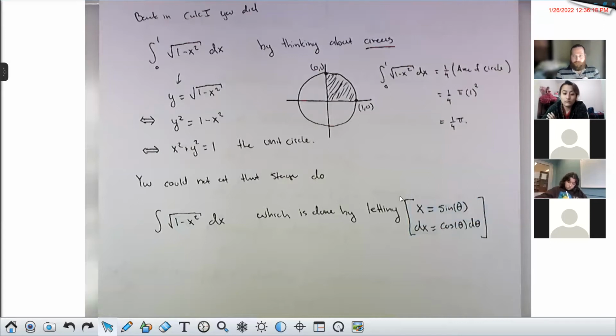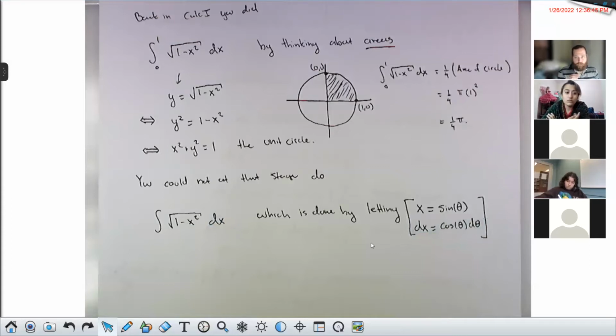This makes life easier. This is a good thing, because now instead of having to look around for something that you can pair with the dx or cancel with your du, you just get dx equals cos theta d theta straight up in terms of the new variable. In other words, we're not going to try to cancel anything with my differential. We're just going to plug in for my differential.